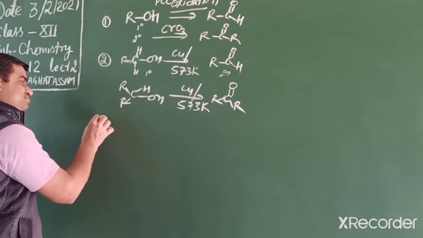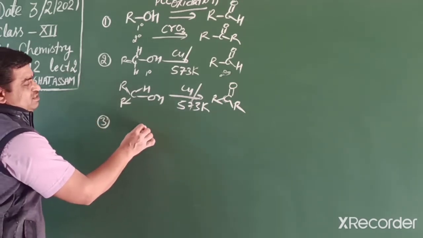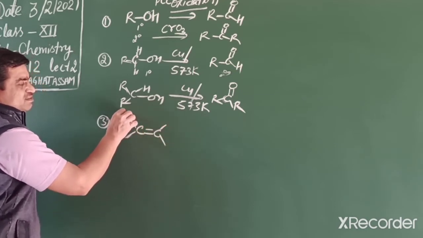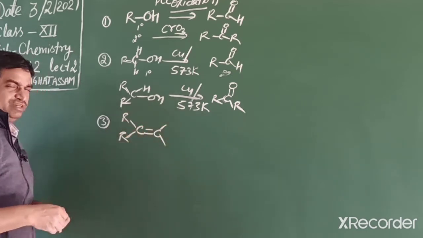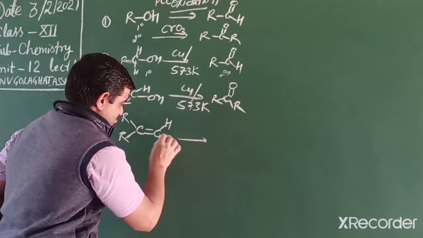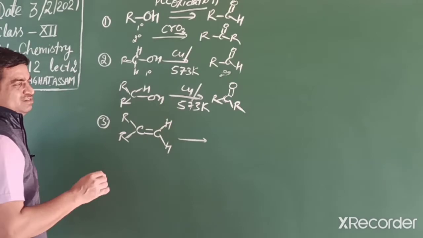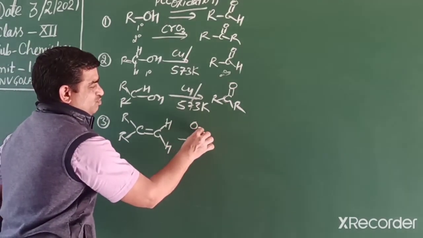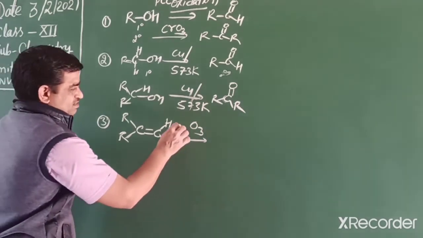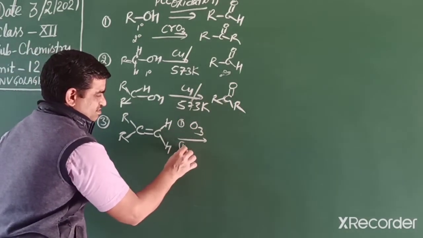Another reaction by hydrocarbon, if the compound is an alkene, the product depends on the double bond substitution. That reaction is known as ozonolysis. First react with ozone and in the second step hydrolysis.